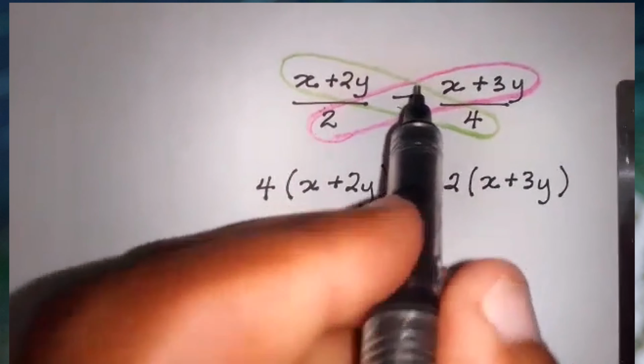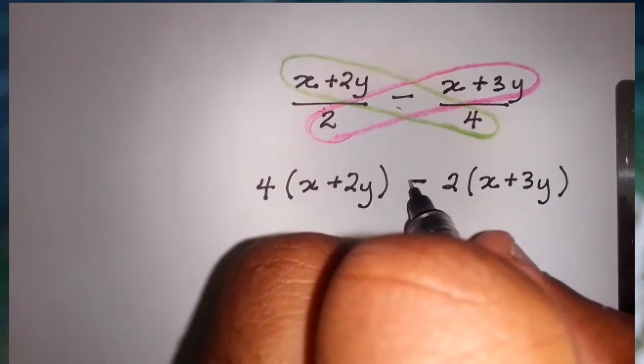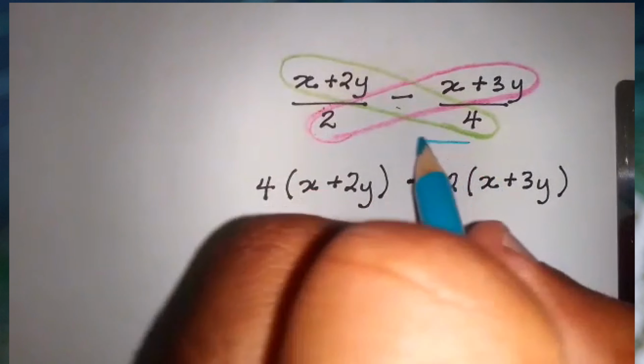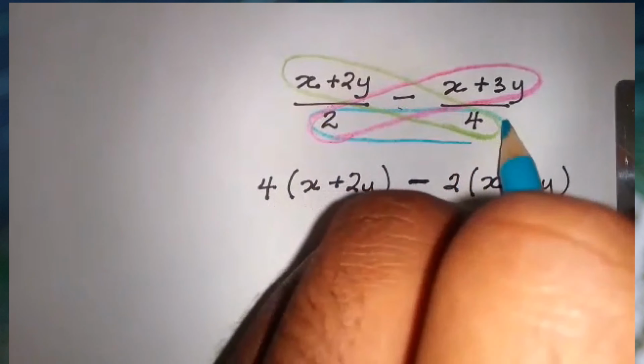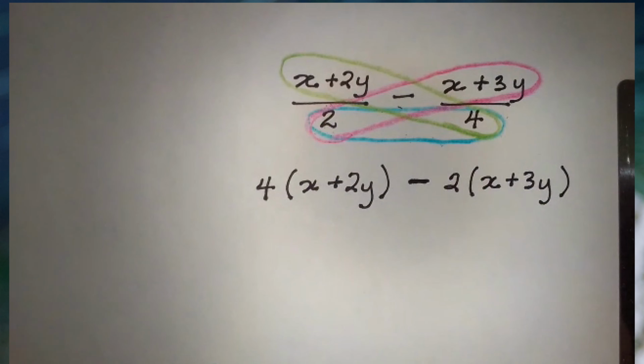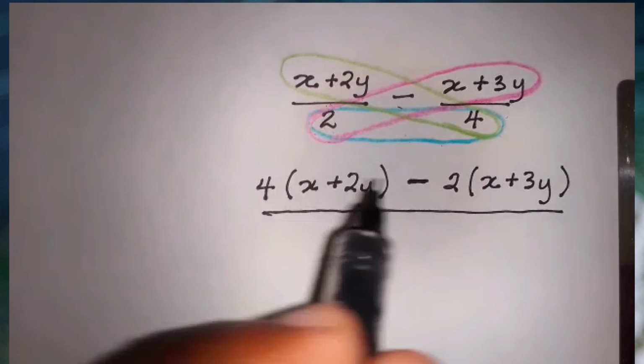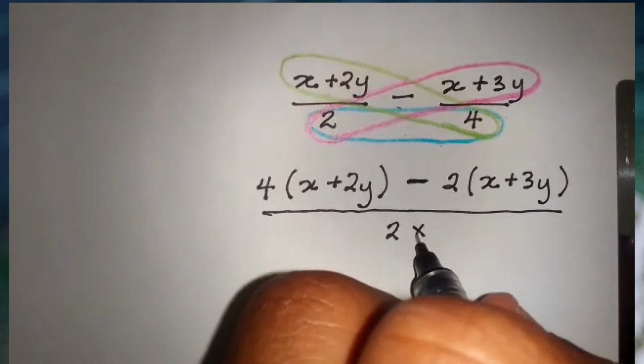And there's this big minus sign, so I'm putting this big minus sign. Now, we have to watch out for those negatives. And the denominator, I'm going to multiply these together to get the new one. So I'm going to have in my new denominator 2 times 4.